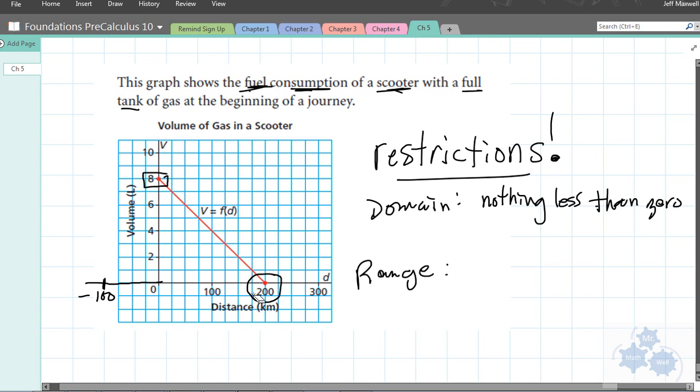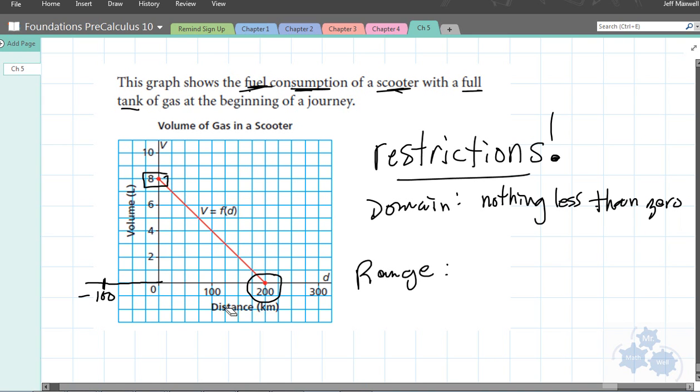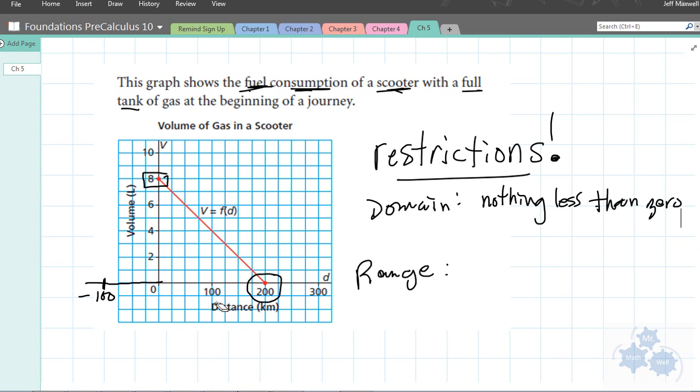And look at this number that I circled. That has something to do with it. Okay? Any ideas? Any values for x that are not part of this question?